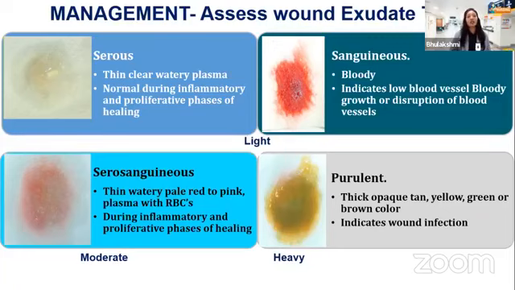Serosanguineous is a mix of serum and bloody water, which will be pale red or pink. And then purulent, which is more dangerous because it is pus formation, which indicates wound infection. So based on the stages of this exudate type, we can go with the treatment modalities for the wound.